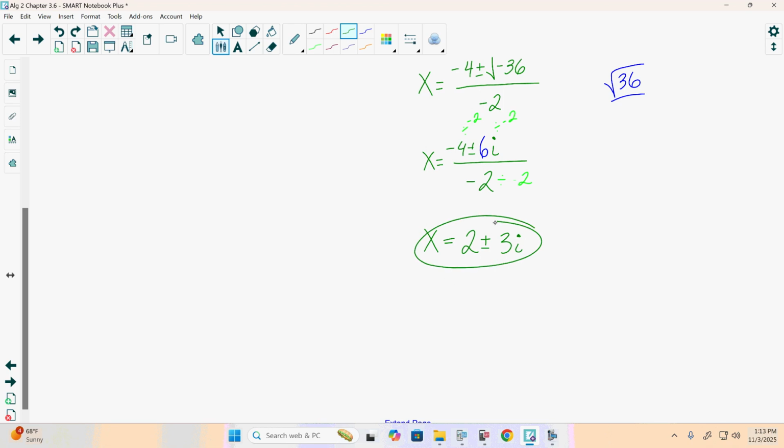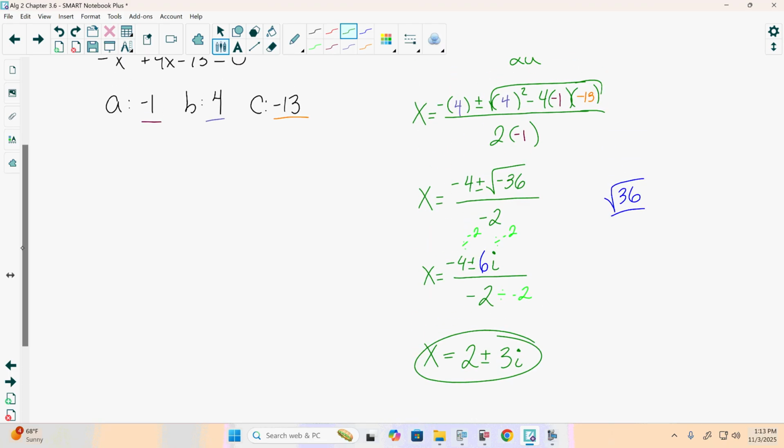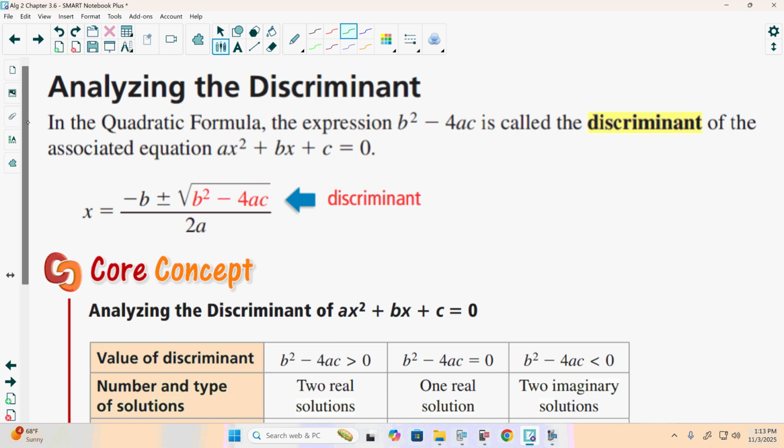So really, when we divided plus or minus 6i, positive 6i by negative 2, it became negative 3i. When we divided the negative 6i by negative 2, it became positive 3i, still giving us that plus or minus. So it's there and it's not there all at the same time. Questions on this here? Now that's as far as it goes because 2 and 3i are not like terms. We can't add or subtract.